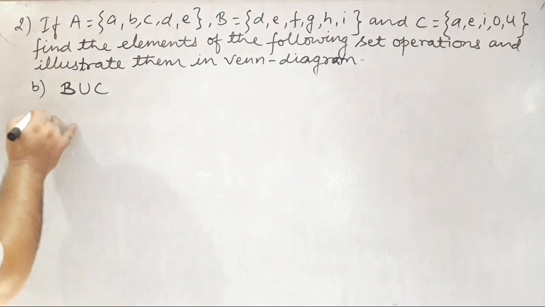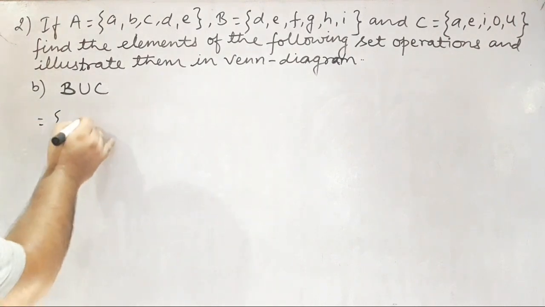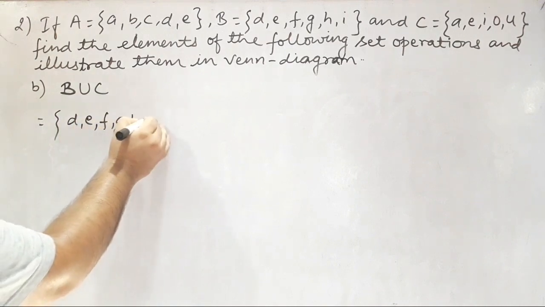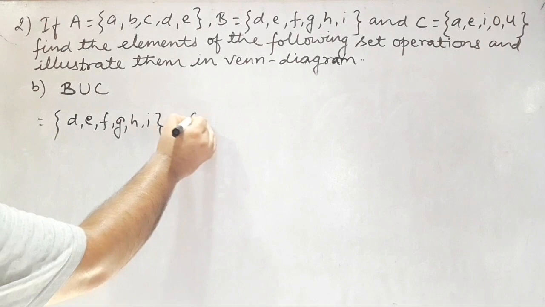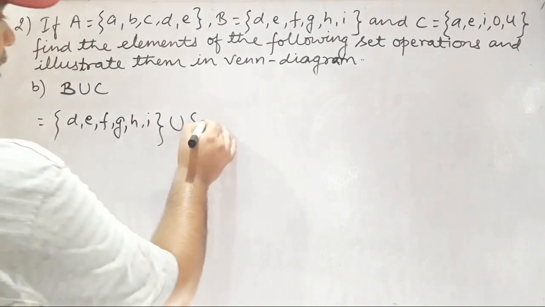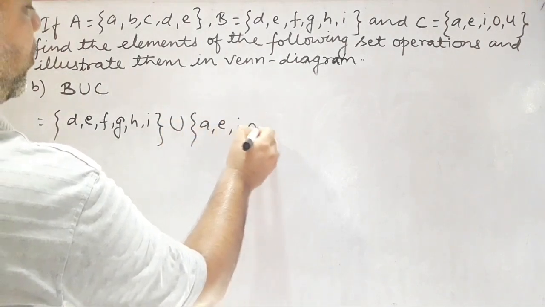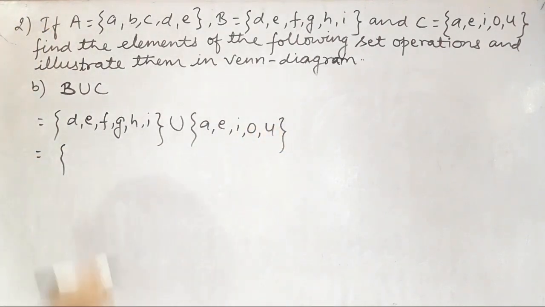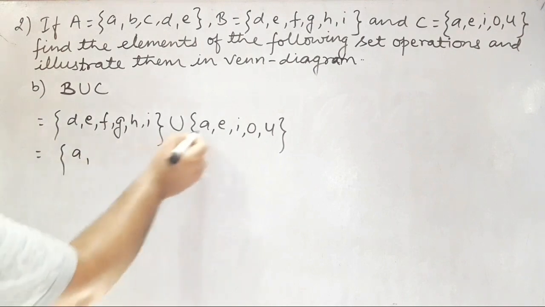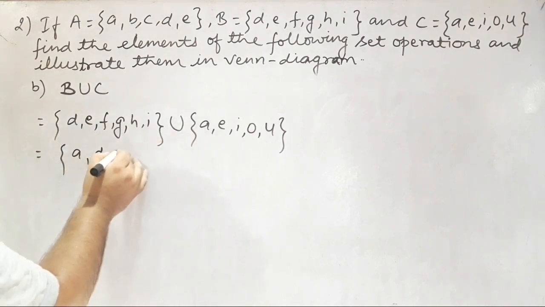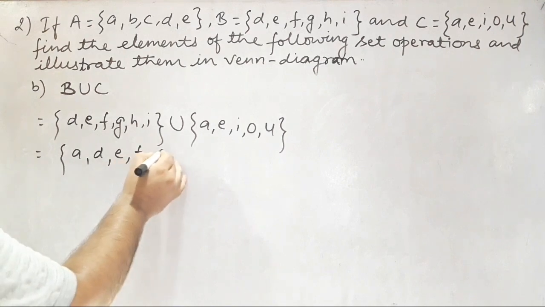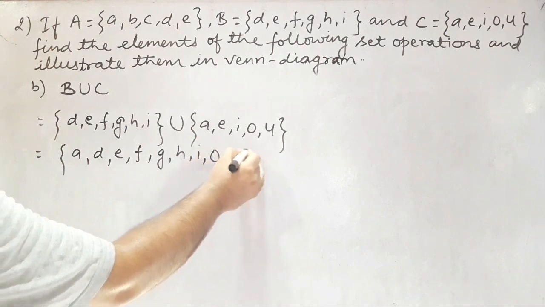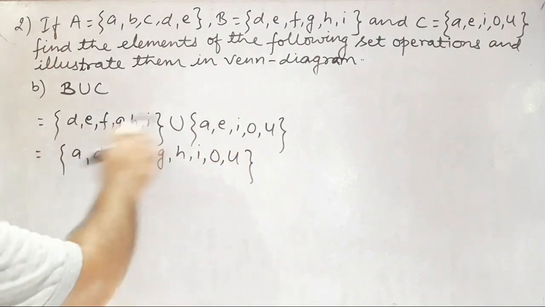B union C: the elements of B are D, E, F, G, H, I, union the elements of C, A, E, I, O, U. Now the union of these two sets is the collection of all the elements: A, D, E, F, G, H, I, O, U. Let us see whether we have written all the elements or not.